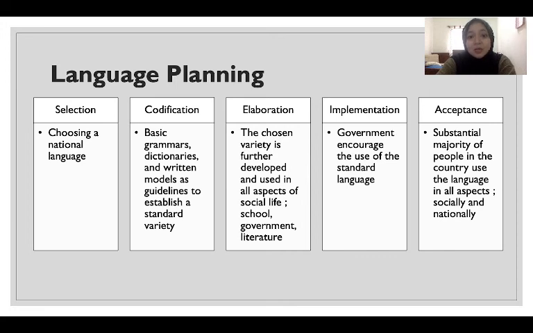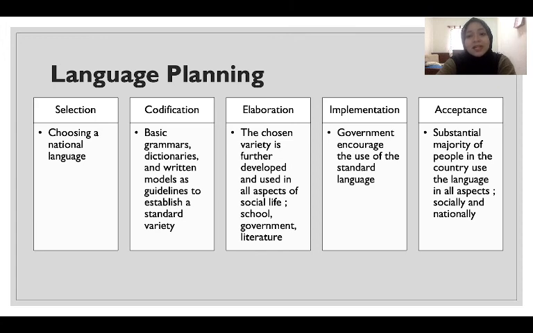Okay, the next one, elaboration. So the chosen variety is further developed and used in all aspects of life. Okay, for example, in school, in official government, and also in literature. So we want to make sure that everyone is using the chosen variety. Okay, implementation.